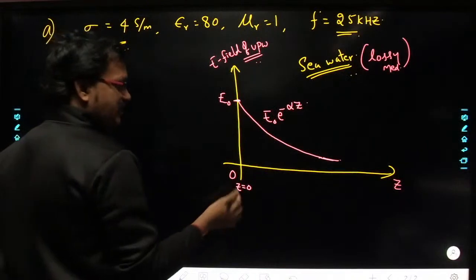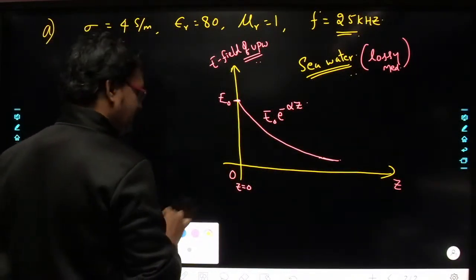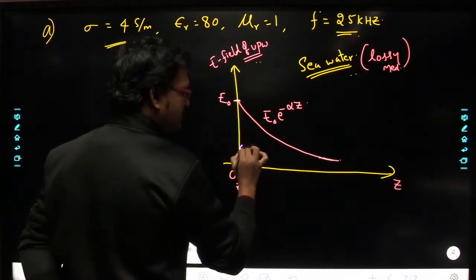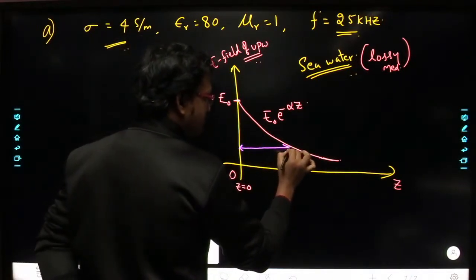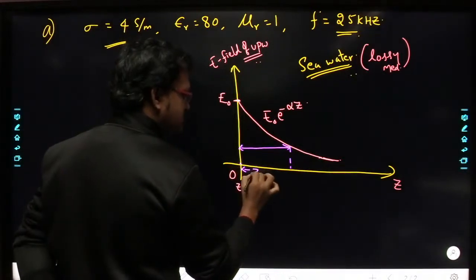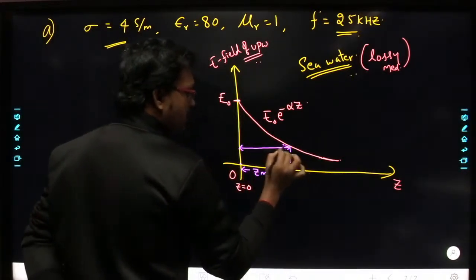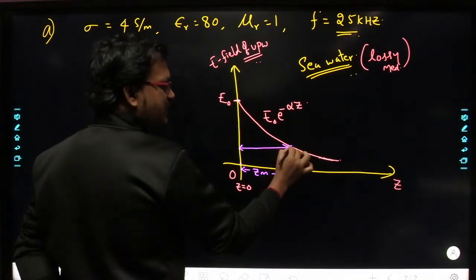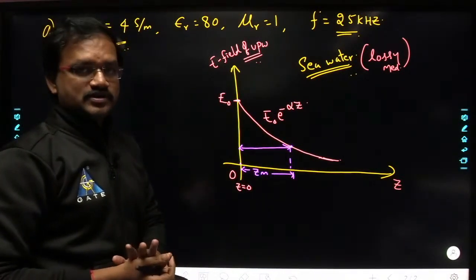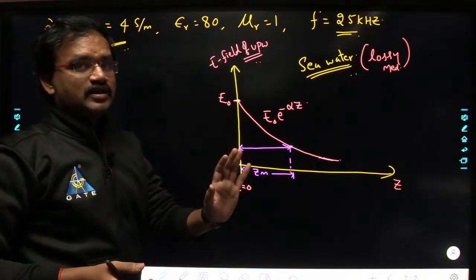Understood? So let us say it has traveled a distance of z meters. After traveling a distance of z meters, let us say it is attenuated 90%. So 90% of the signal is attenuated.